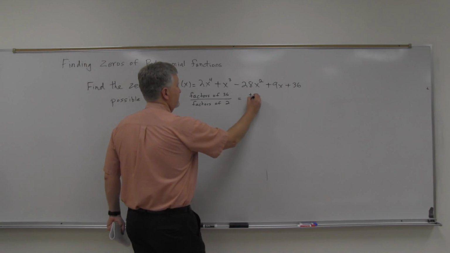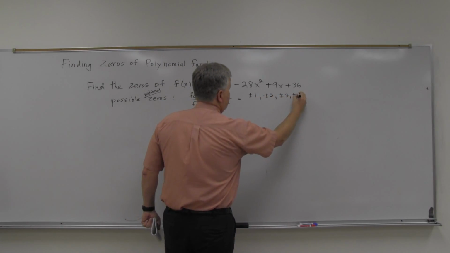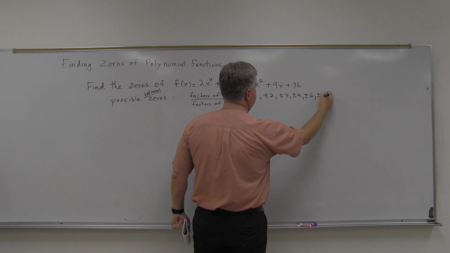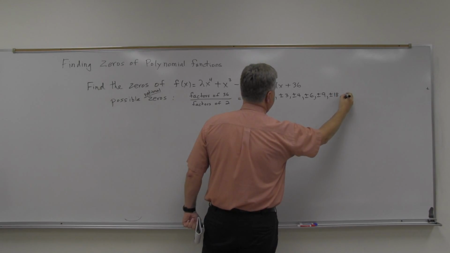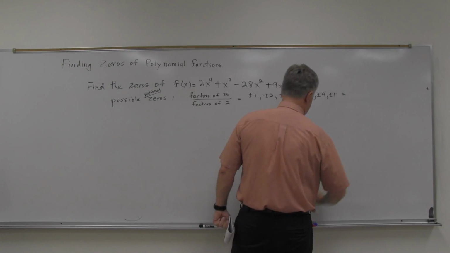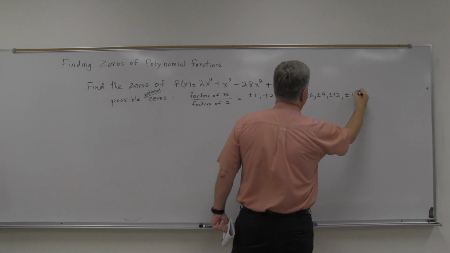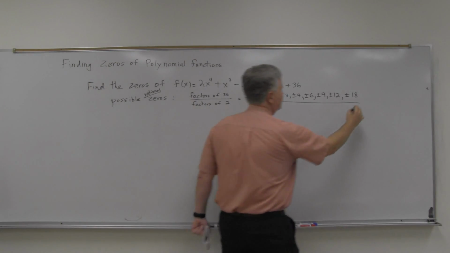So it'd be plus or minus 1, plus or minus 2, plus or minus 3, plus or minus 4, plus or minus 6, plus or minus 9, and plus or minus 12. Oh, got one more, 18.